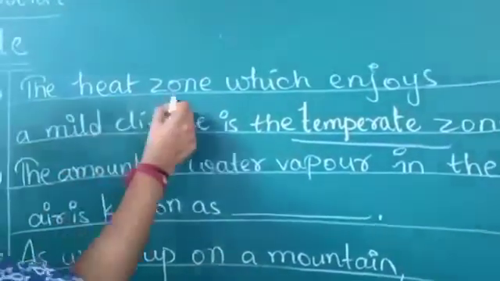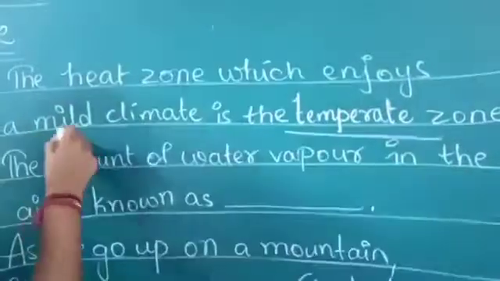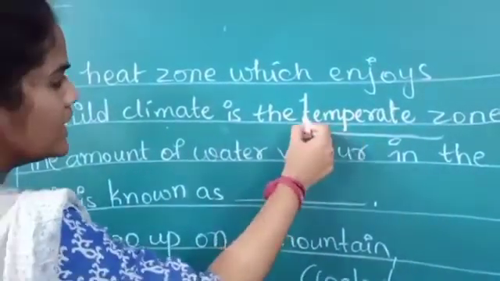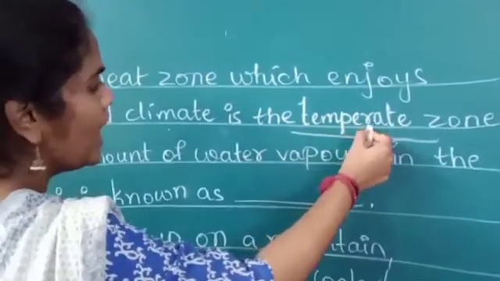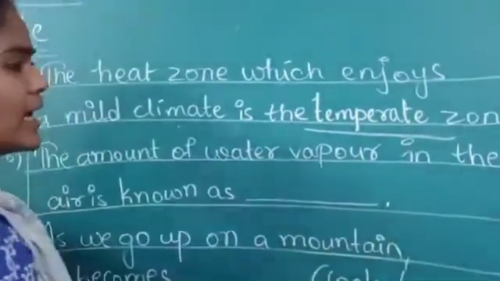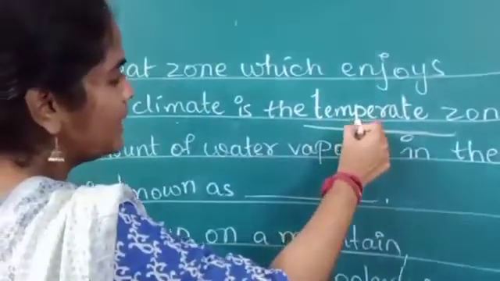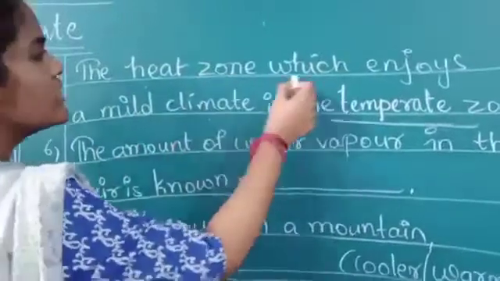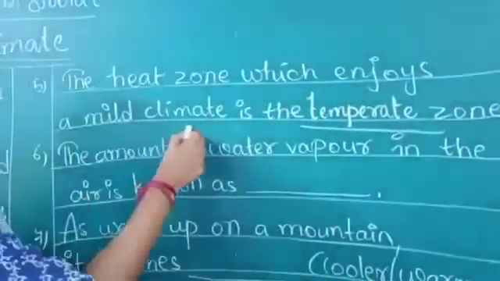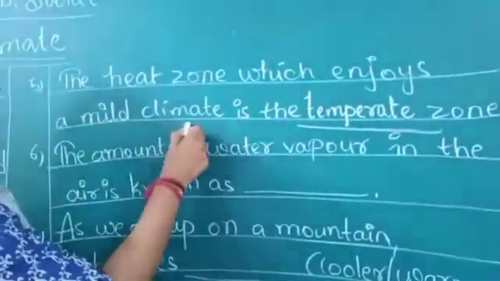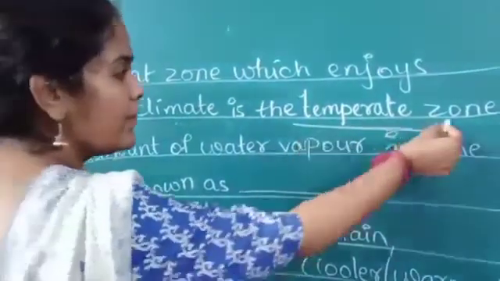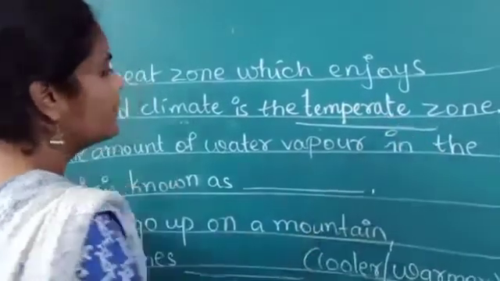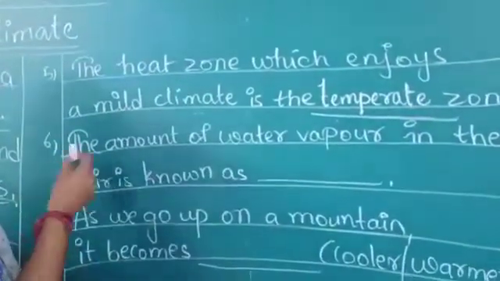The heat zone which enjoys a mild climate, which zone is it, ma? Temperate zone. T-E-M-P-E-R-A-T-E, temperate. Okay. Now see the sixth one.